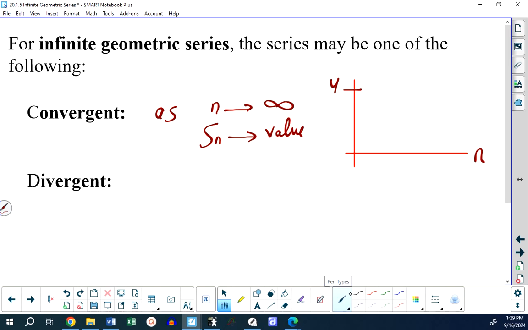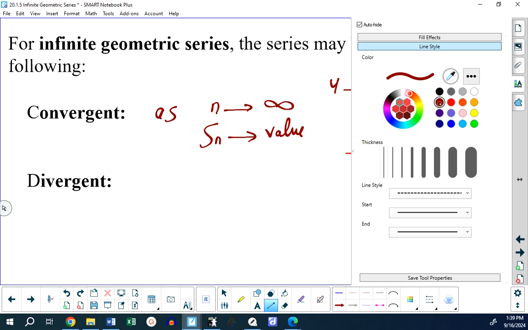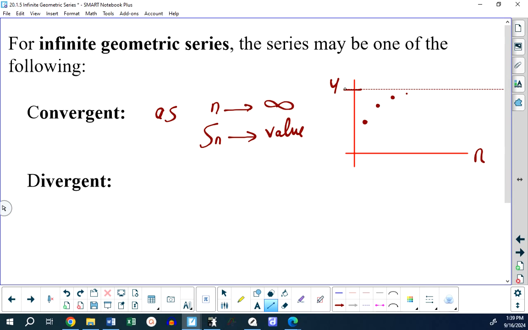When n is 1, the sum is 2. When n is 2, the sum is half that distance towards the 4. When n is 3, it's half as well. When n is 4, it's half as well. So what's happening is that sum is getting closer and closer and closer to 4.